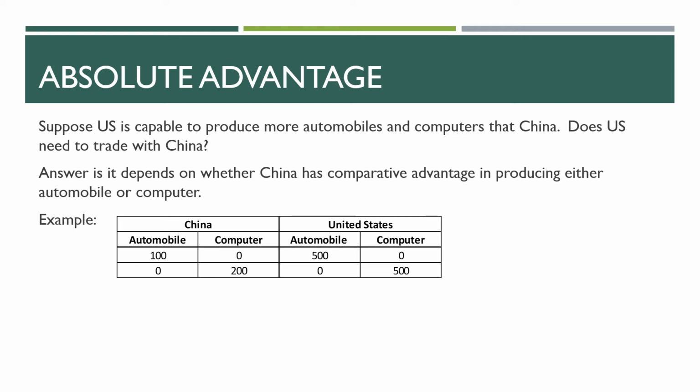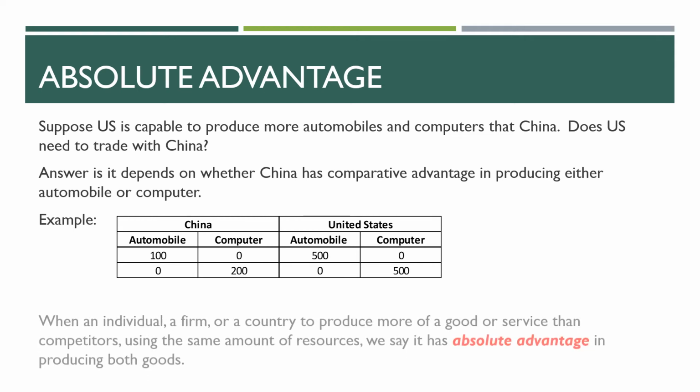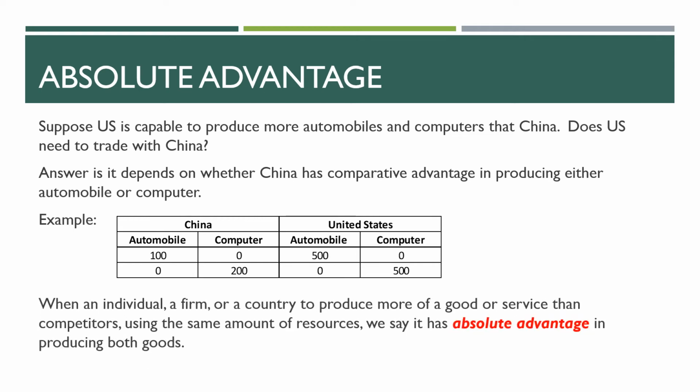However, it does not represent the comparative advantage here. If we perform our calculations, we will find that the United States has a comparative advantage on automobiles, but China has the comparative advantage on computers.